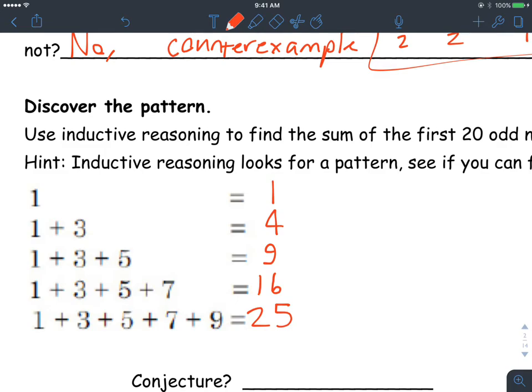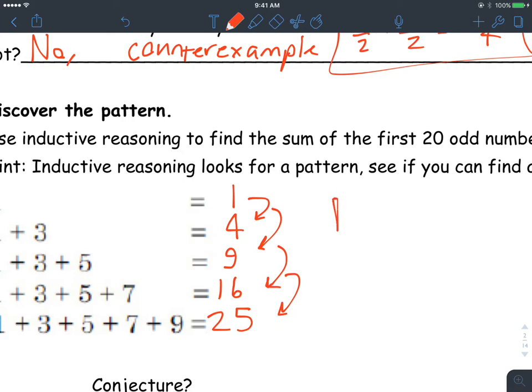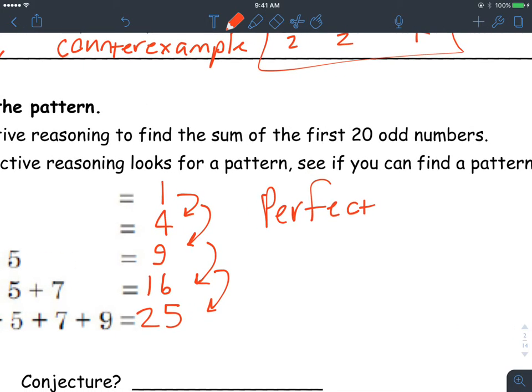All right. So each one of these steps, we're looking for a pattern. Each step going down here is not really an intuitive pattern, but with the numbers themselves, if you look at them individually, I notice that these are all perfect squares. 1 squared is 1. 2 squared is 4. 3 squared, 9. 4 squared, 16. 5 squared, 25.